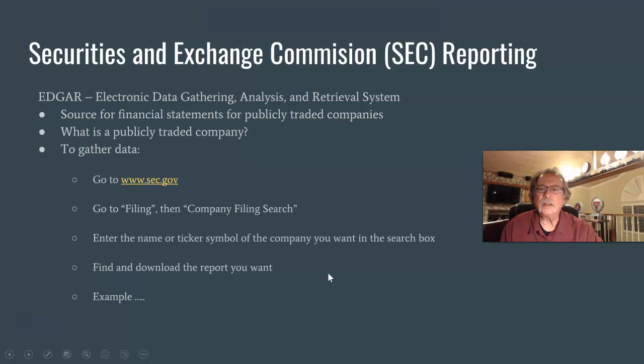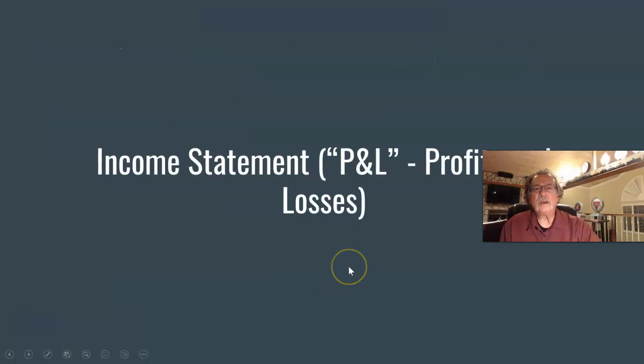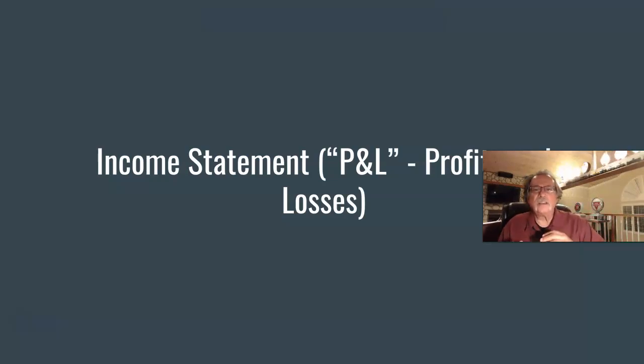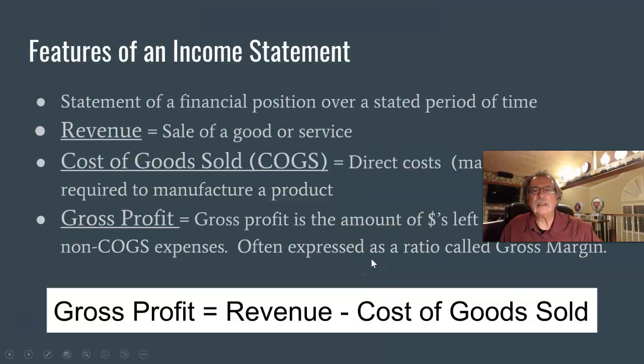So let's talk about the income statement and the profit and loss statement, the earnings statement. Those words are all used interchangeably. And what we start off with is it tells you what you've done over a period of time. So for that 10K for Apple, it's going to be for the prior 12 months.